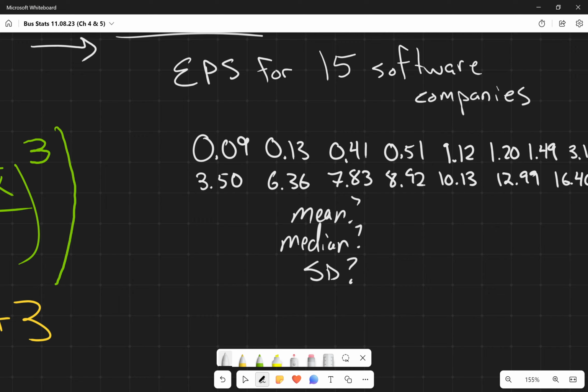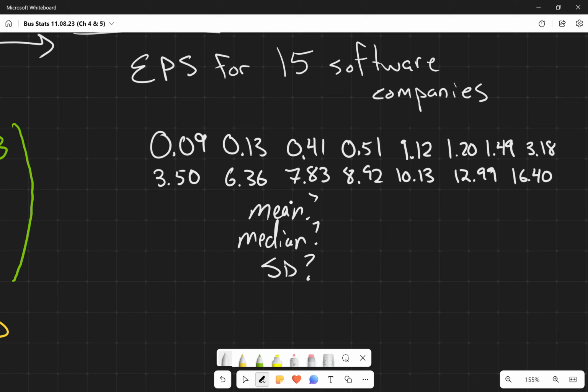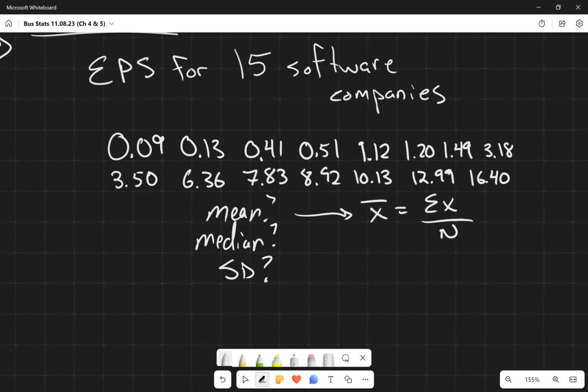Calculating our mean, we sum all of these up, divided by the total number in the sample, not the population, lowercase n. We sum them up and get 74.26.